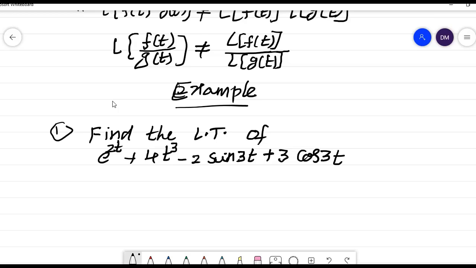We have to find the Laplace transform of e power 2t plus 4t cubed minus 2 sin 3t plus 3 cos 3t.